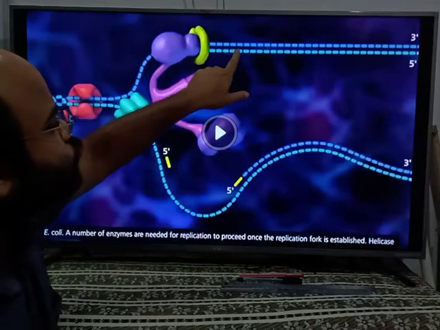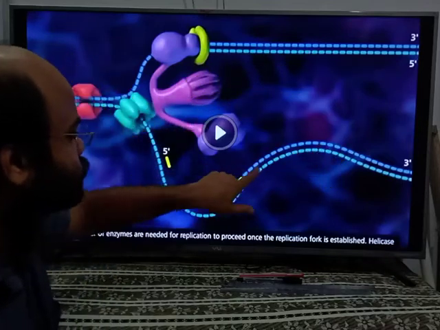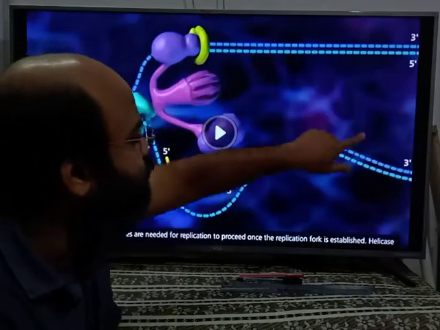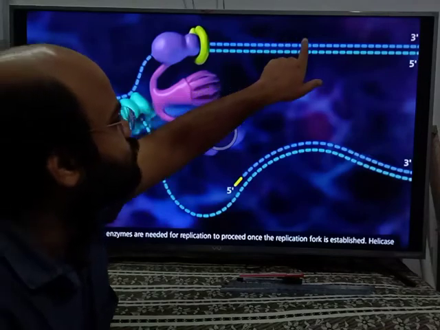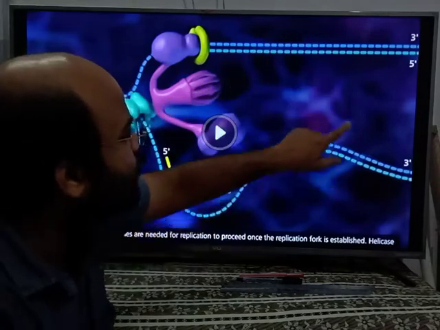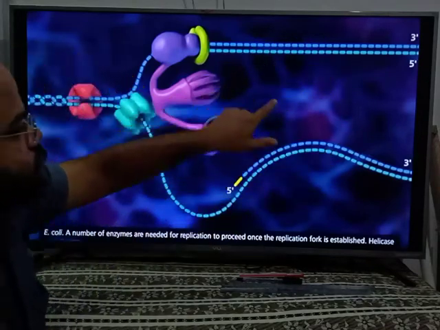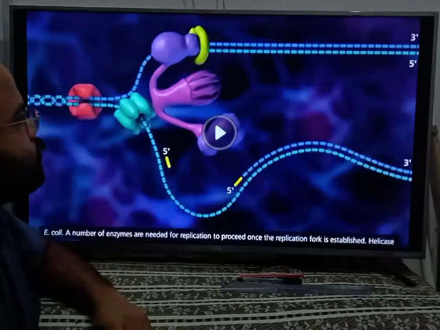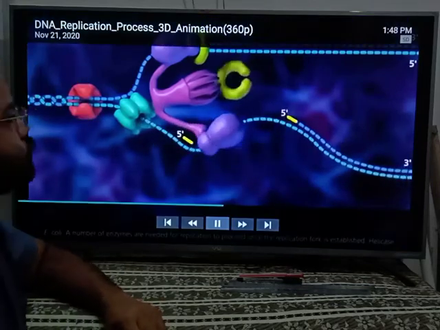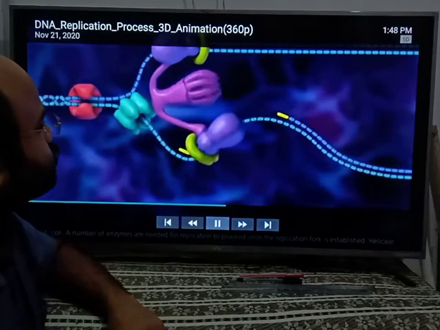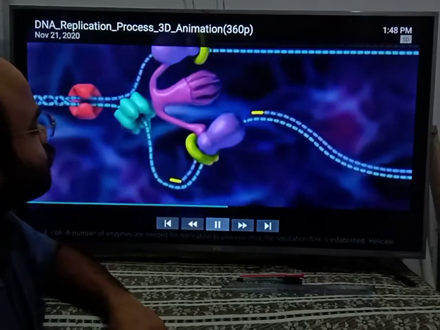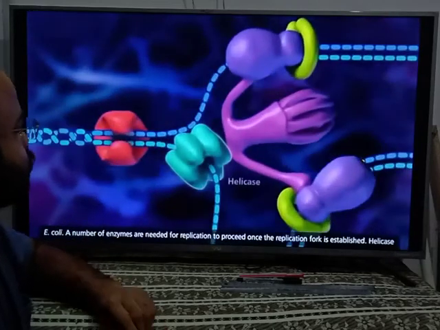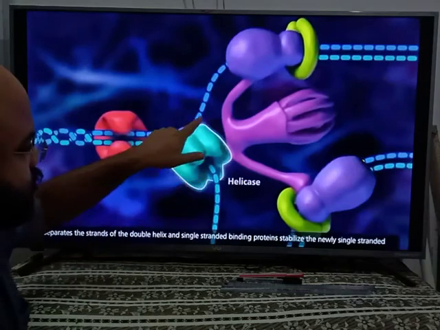Now the new strands are actually formed. These are the template strands and these are the newly synthesized strands. This is helicase.